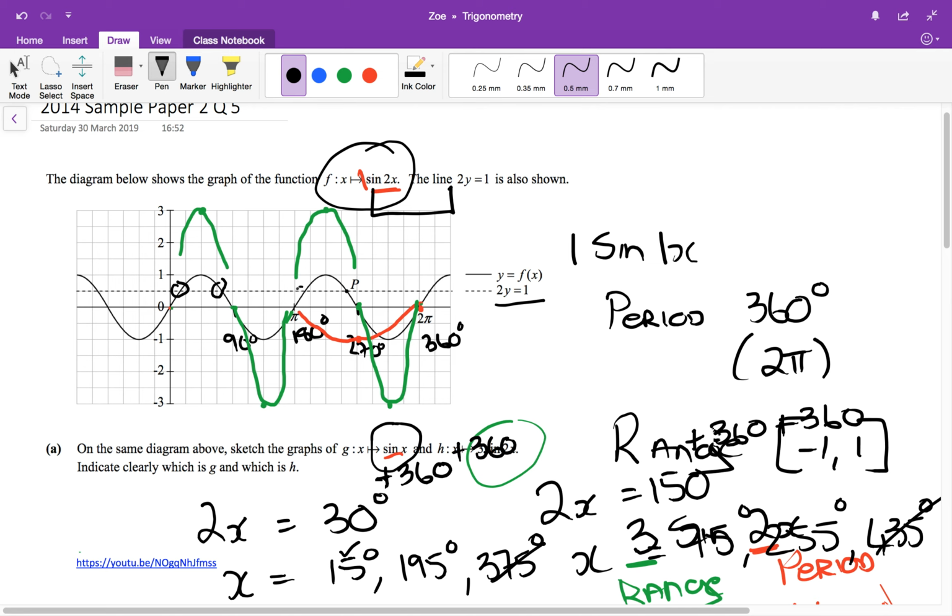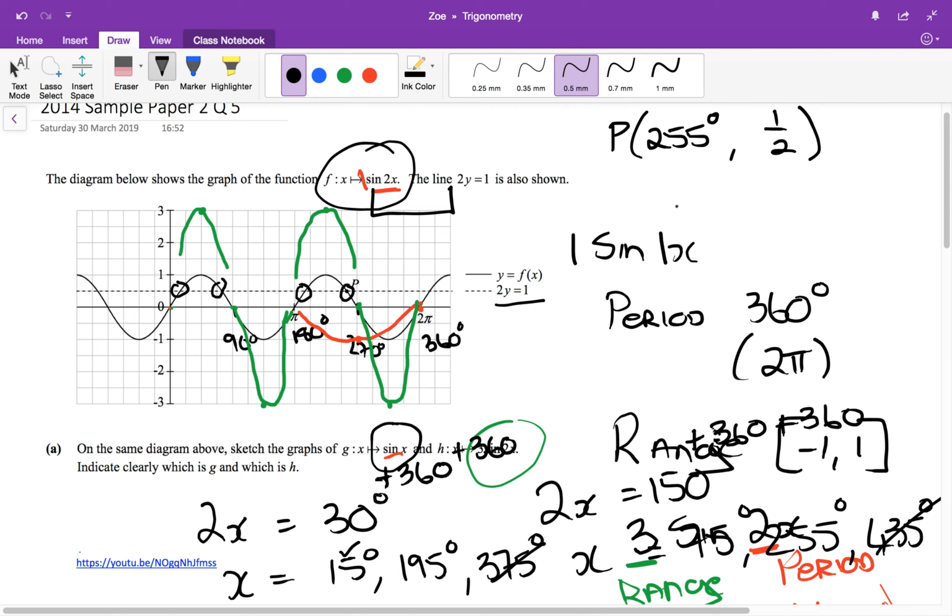The next time they intersect is here, which is going to be our 195 degrees, which means P is going to be 255 degrees. Okay, so the x coordinate of P is 255 degrees, and the y coordinate, because it's on this dotted line, is a half.